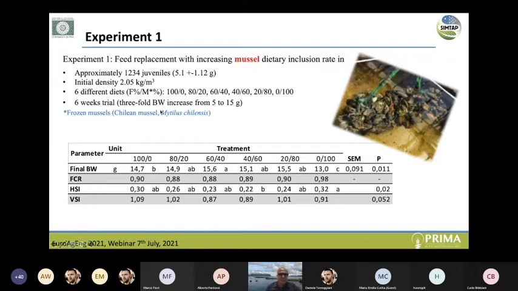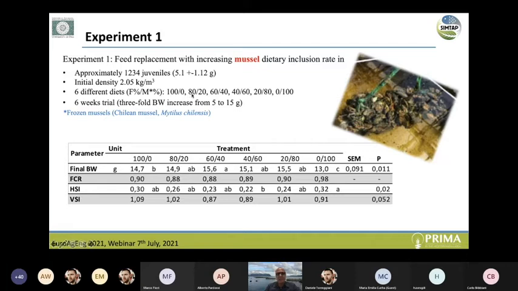So we made 6 different groups in which, using mussels, we were replacing equal amounts of commercial feed. So in the first group we had 100% feed, okay, and no mussels.